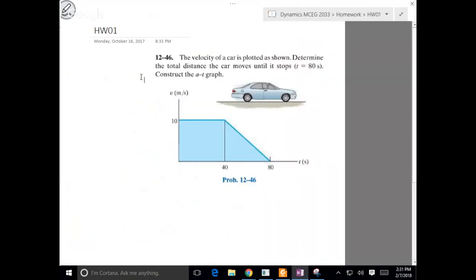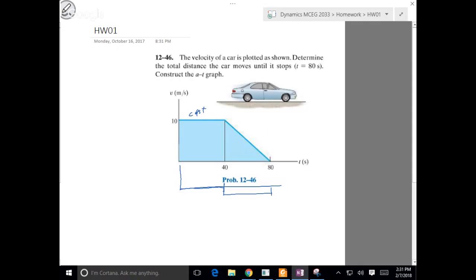So here's another one. Determine the total distance the car stops, t equal to 80. That's easy. So we can construct it. Here's the acceleration. There isn't any acceleration; he's just coasting. Then he puts on his brakes.